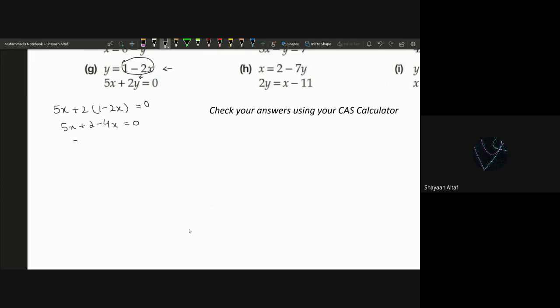x plus 2 equals 0. Minus 2, x equals minus 3. Yeah, exactly. So x is equal to minus 2.